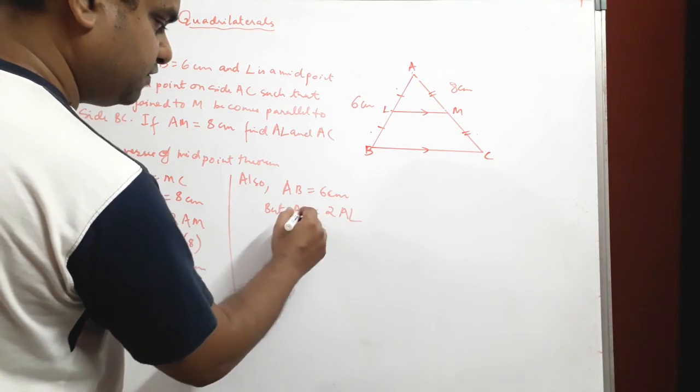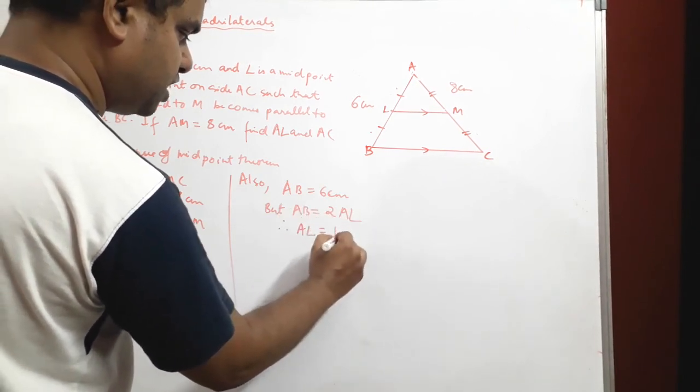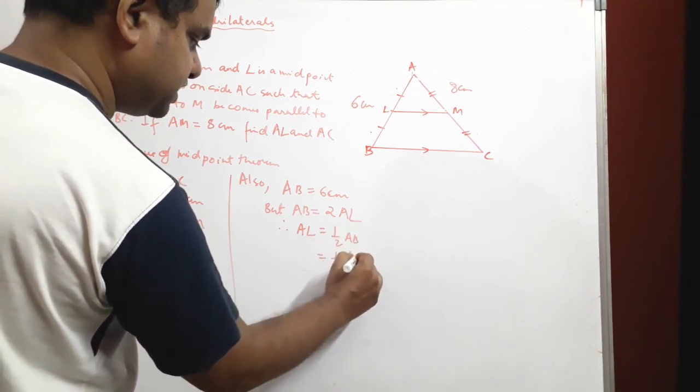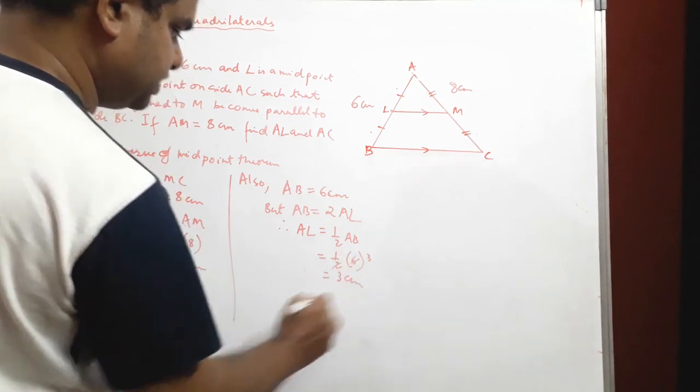We have not been given AL, we have been given AB. So AL is equal to half of AB, which is half of 6. 2 and 6 cancel, we get 3. AL equal to 3 centimeters.